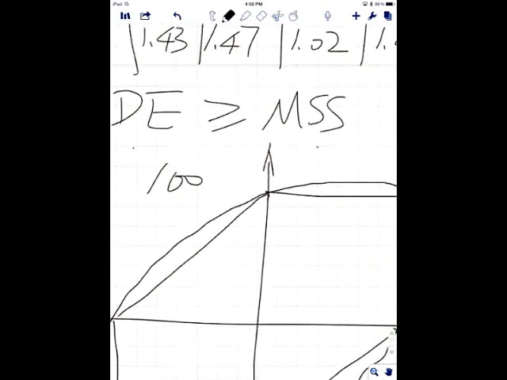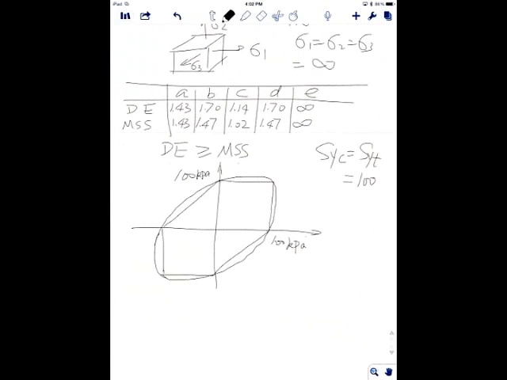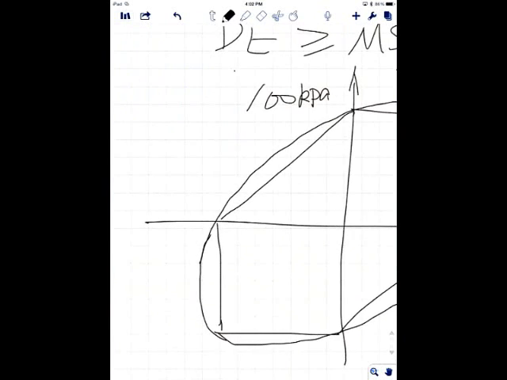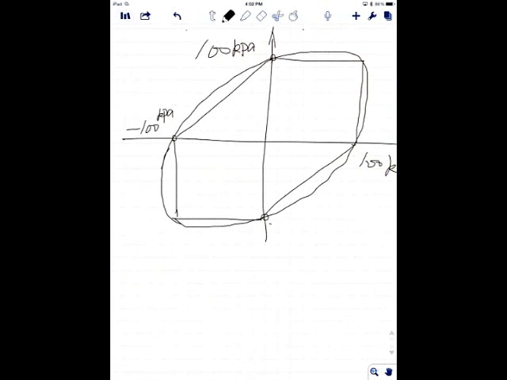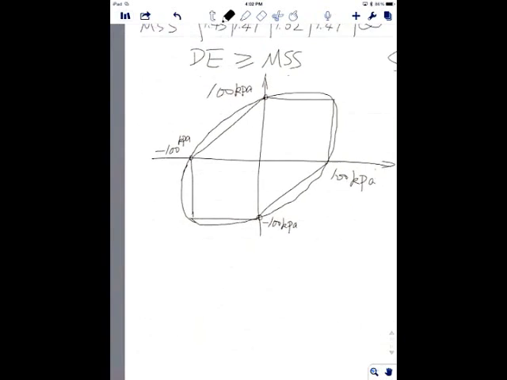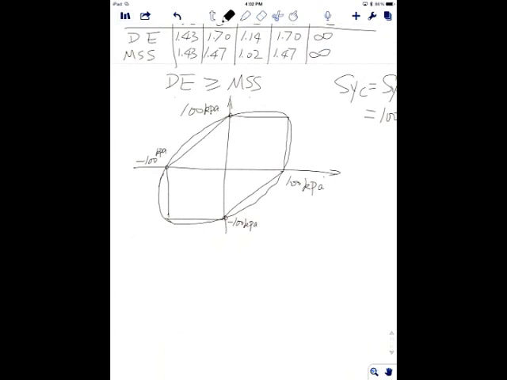So 100 kilopascal on the Y, 100 kilopascal on the X, and over here you have negative 100. I'm looking at these 4 points. Basically, I took something generic to something specific, right?